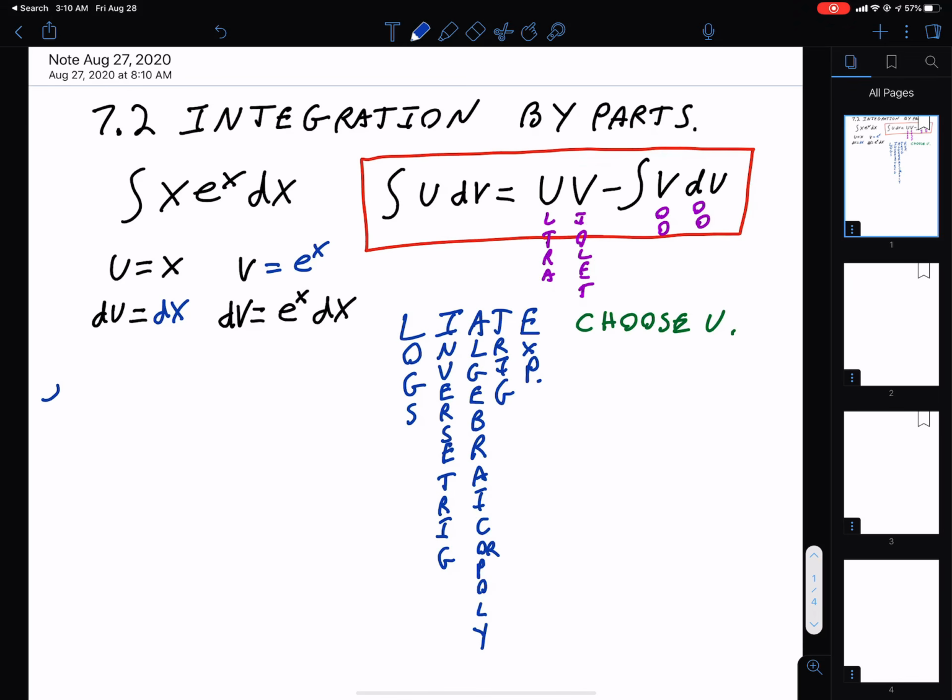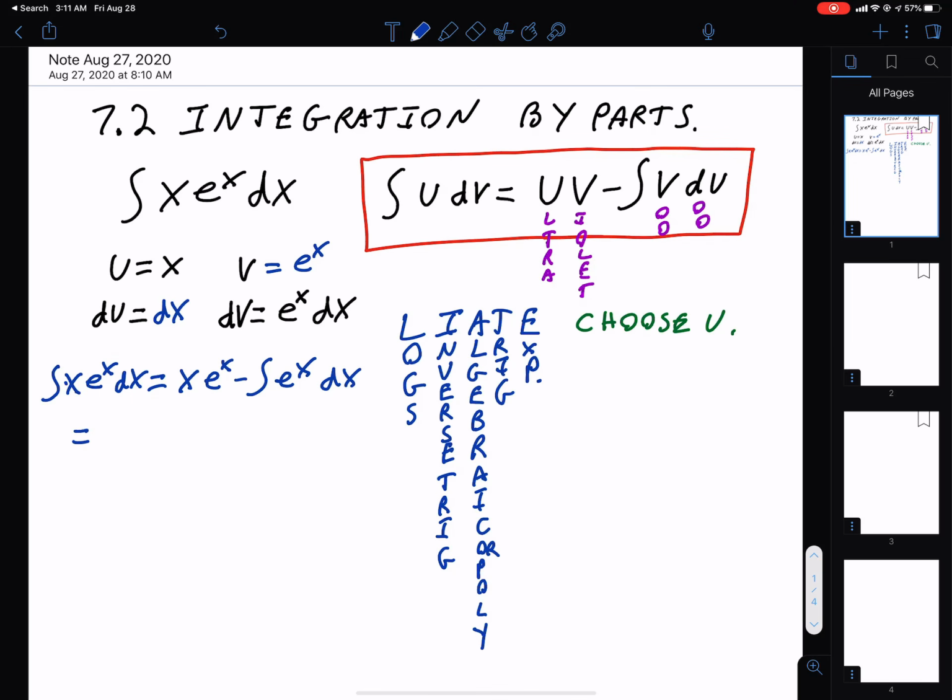So the integral of x e to the x dx is going to be ultra, which is u, and we see u right here, so that's just going to be x. And then violet, v, well, v is right here, it's just going to be e to the x, minus the integral of voodoo. V is just e to the x, and our du is dx.